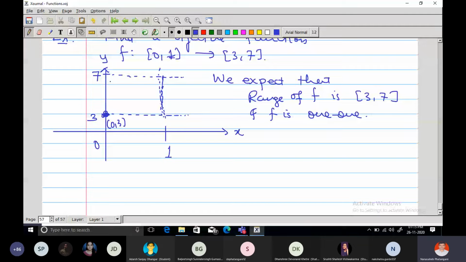What are the coordinates of this point? (0, 7). And this point? (1, 7), correct? And this point? (1, 3). So the picture is clear now. Now can you draw a graph in this rectangle which is a graph of a bijective function?